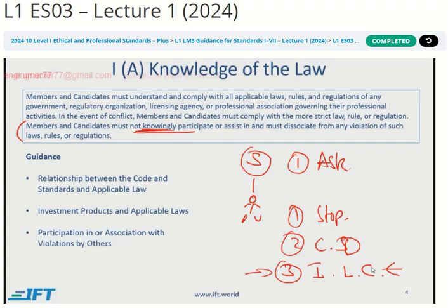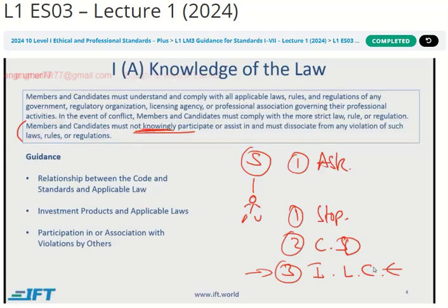The next question becomes, what exactly does disassociation mean? The disassociation practices will differ on the basis of your role in the investment industry or your role in the organization. And disassociation may involve removing your name from written reports and recommendations.